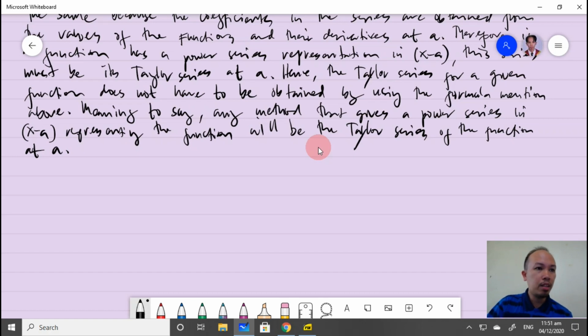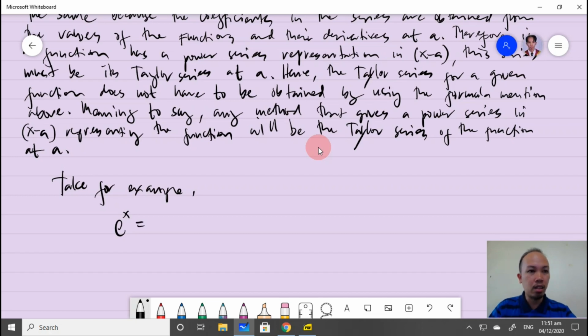So take for example the power series of e to the x. We know from the discussion before that we can write the function e to the x as e to the a times e to the x minus a.